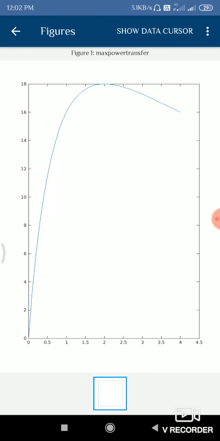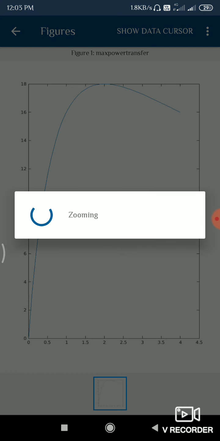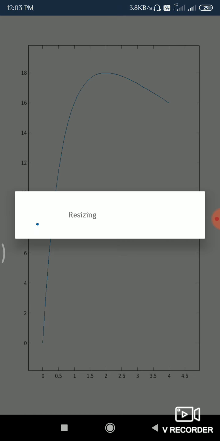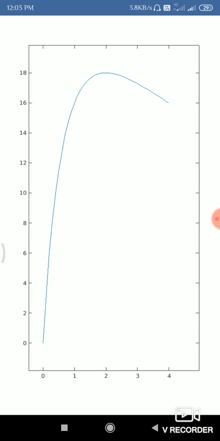In the graph we see the maximum at 2 ohms. Maximum at 2 ohms means the maximum power can be transferred at 2 ohms.